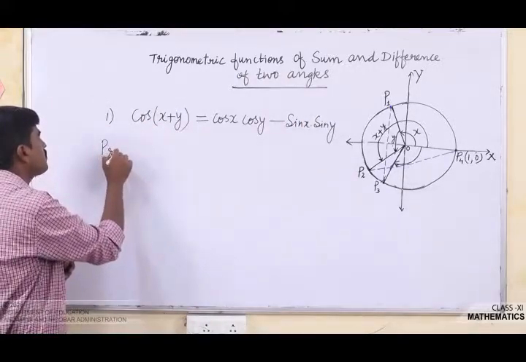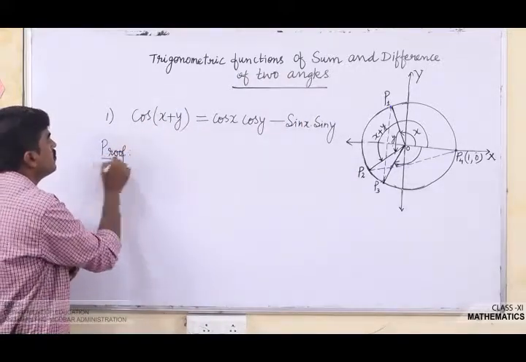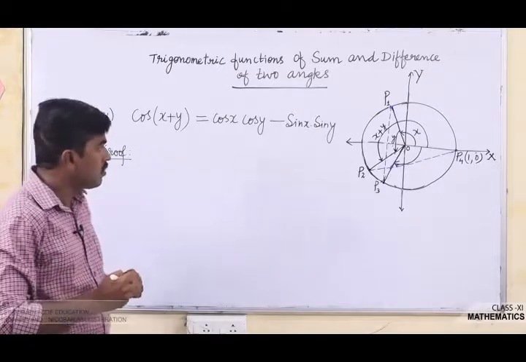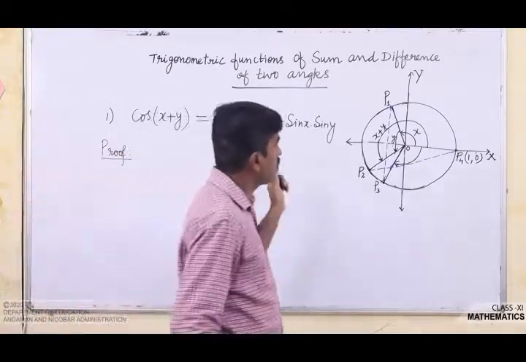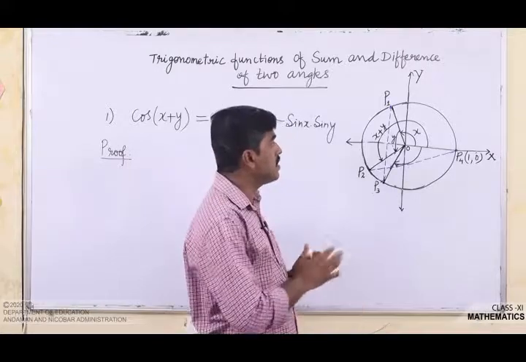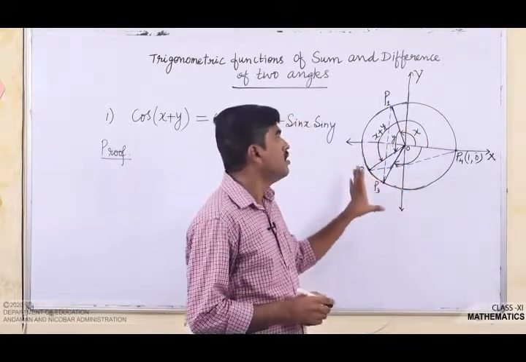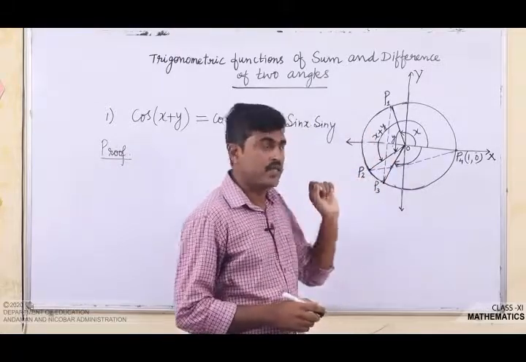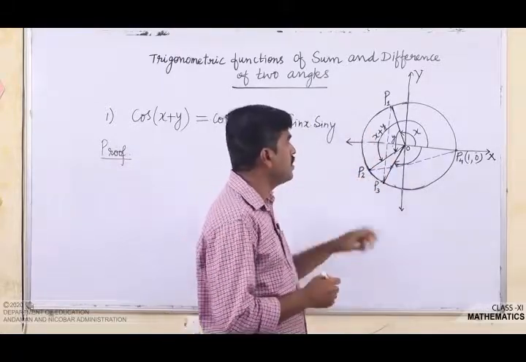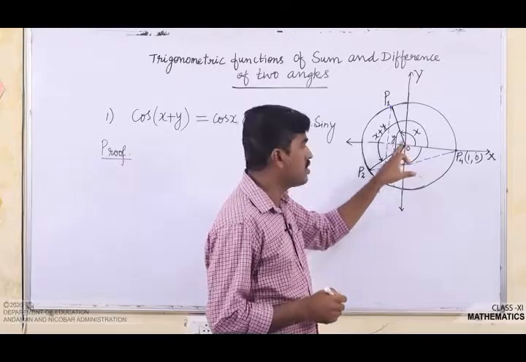Now how to prove this formula? For the proof of this formula, consider a unit circle of radius 1 unit, centered at the origin.